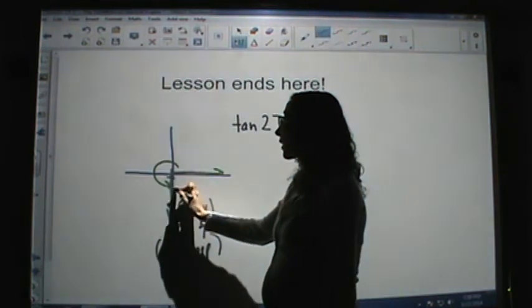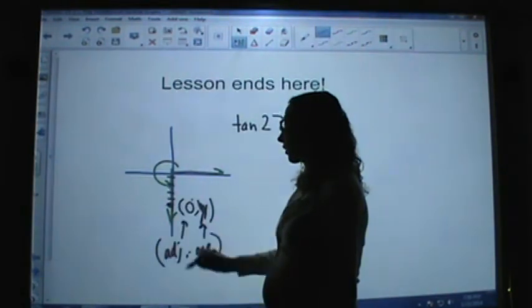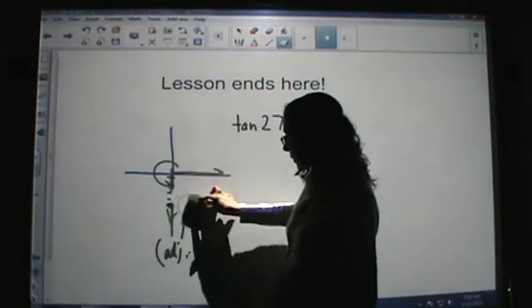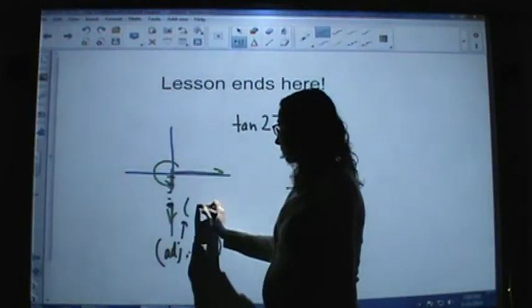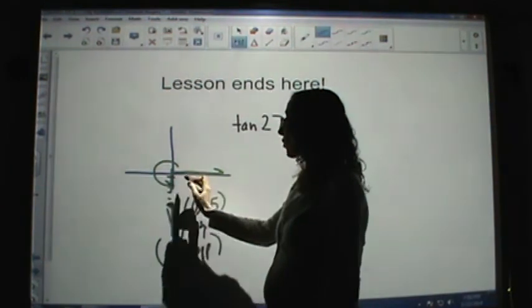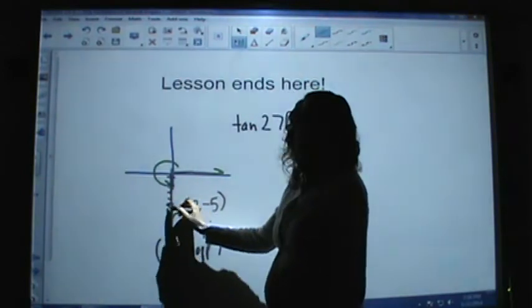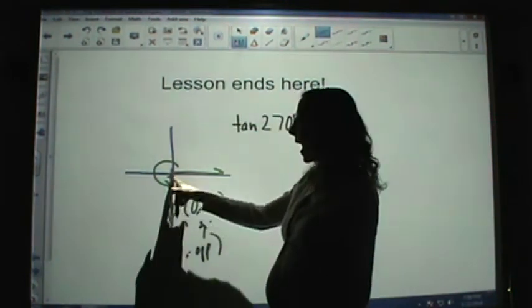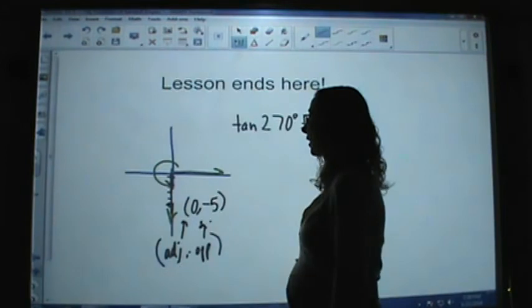And you can use an actual number if you're more comfortable. Let's call that (0, -5). We went over 0 and then I arbitrarily went down 5. I could have gone down to anything, but this has to be over 0, down something negative.